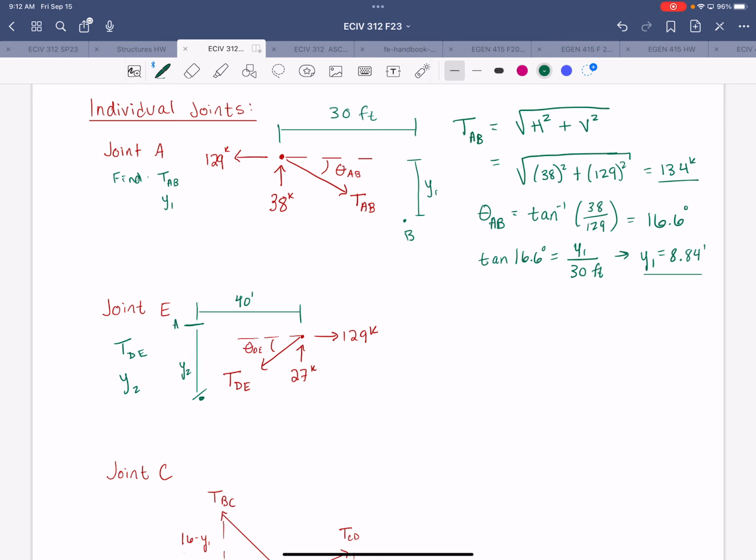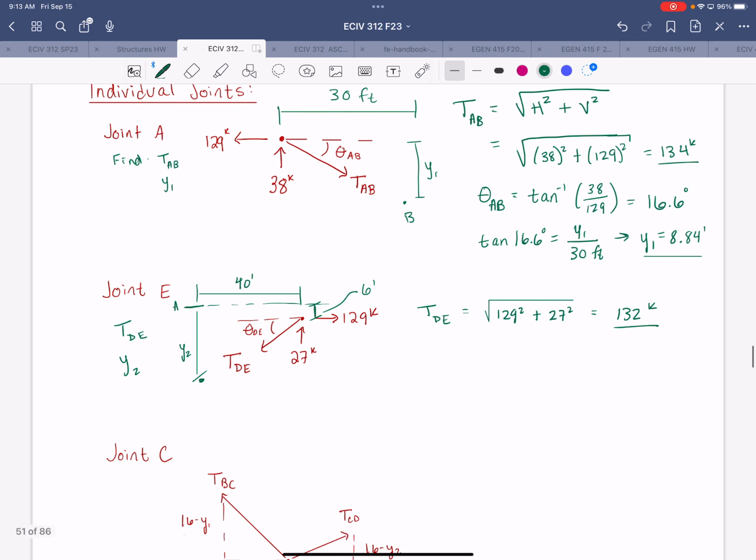I'll say that's A. All right, and then there's a 6 foot vertical difference between A and E. So the tension in DE, again, is just the square root of the sum of the reaction forces squared. So we get 132 kips, very close to the tension in AB.